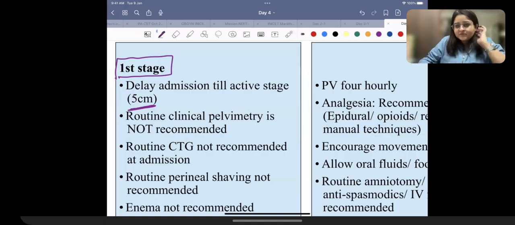So India means not possible, but here it basically means don't admit to the labor room. You can admit to the ward, but bring her to the labor room only after 5 centimeters of cervical dilatation.